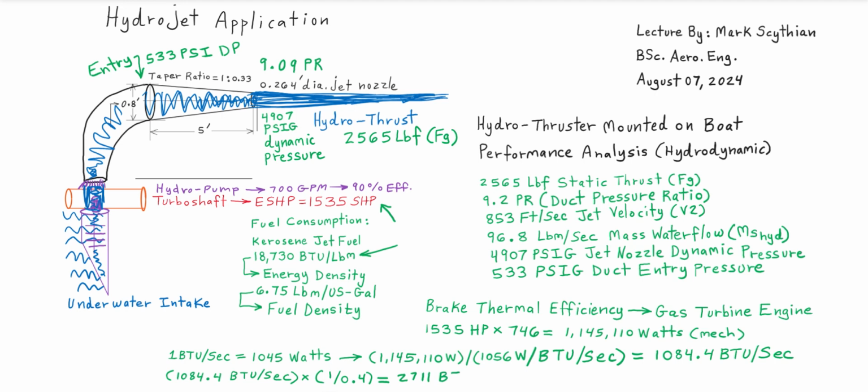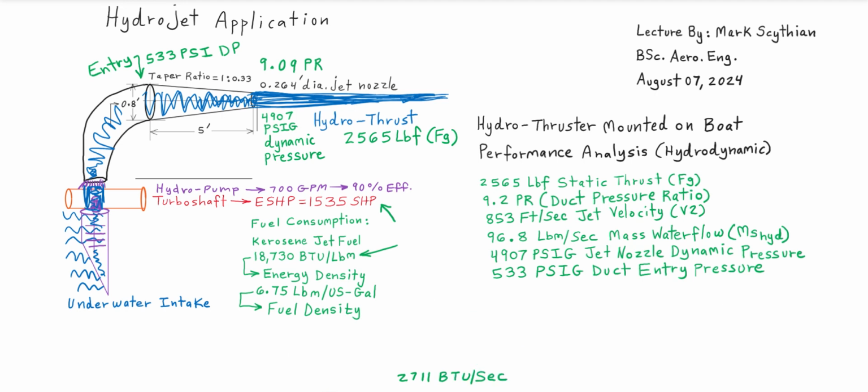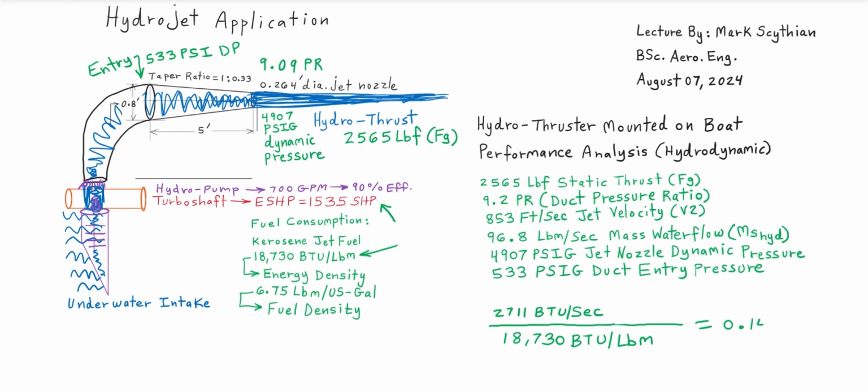So this thing comes to 2711 BTUs per second. We divide that into the energy density of the kerosene jet fuel, 18,730 BTUs per pound.